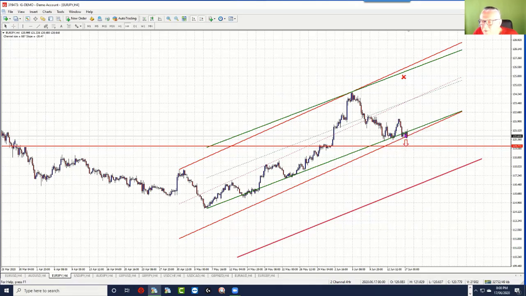It actually decided to fail, and this is a potential sell transaction, and it in fact is a sell transaction. You could basically enter it right now if you wanted to, and it should break out and go to the bottom of this, the same width of the channel. That's more or less where the target would be for this particular trade.